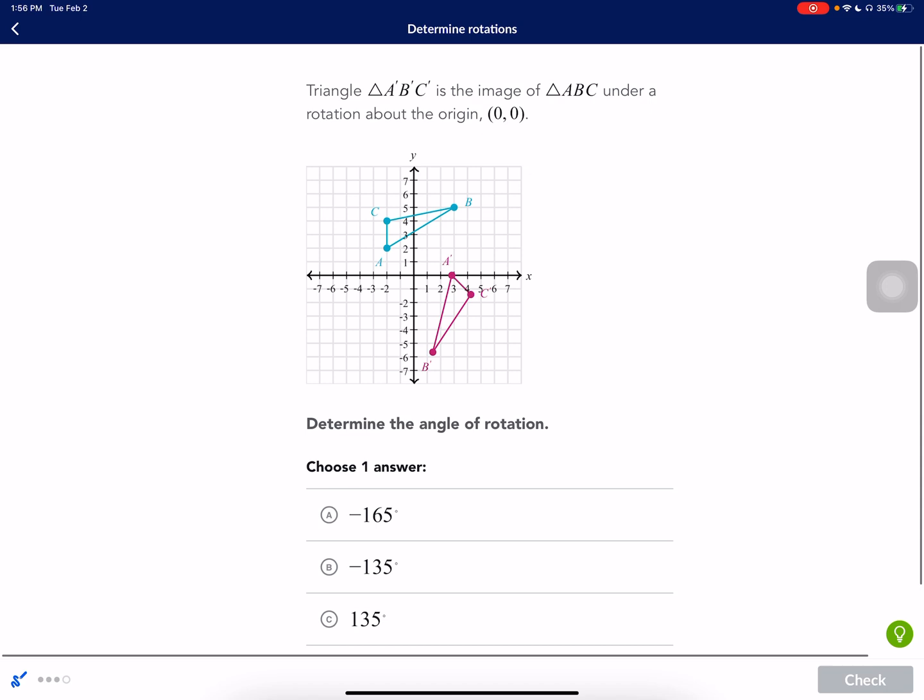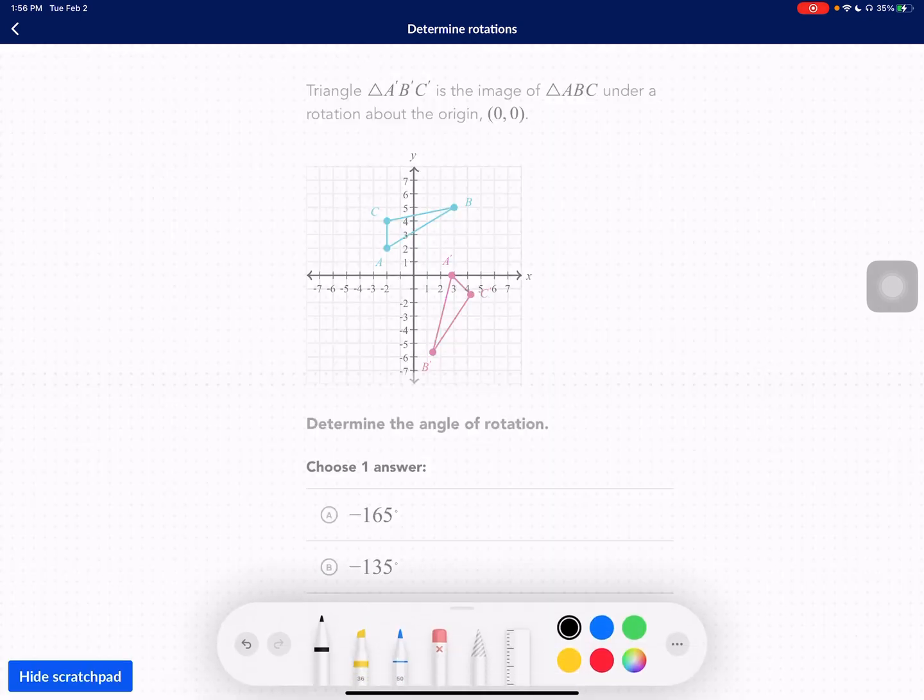Okay, so now once again, determine the angle of rotation. So I'm just going to pick a point. It says here that under a rotation about the origin. So again, this point here is my point of rotation. Okay, so I'll just go and use point A. So I start here and I end up over here at A prime.